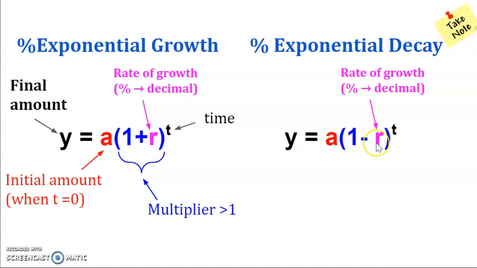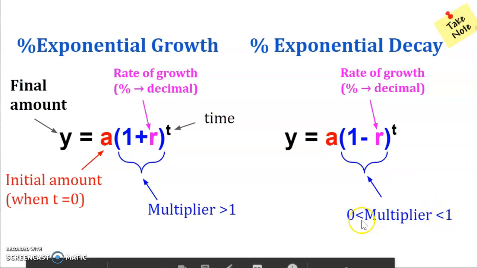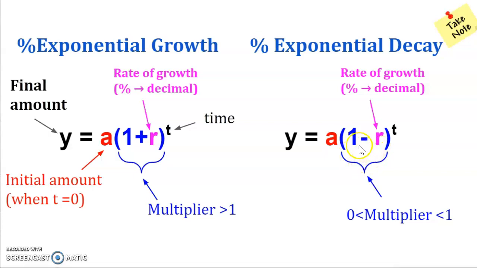So 1 minus 0.1 is going to be 0.9, and that's what we were multiplying by. That was the multiplier. And again, because it was less than 1 but greater than 0, it created an exponential decay.